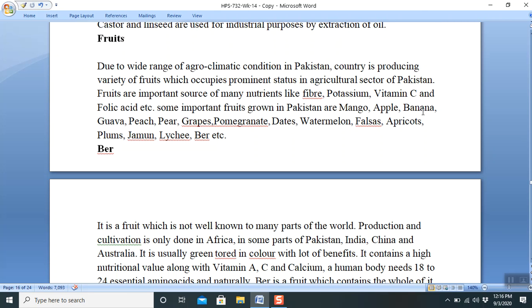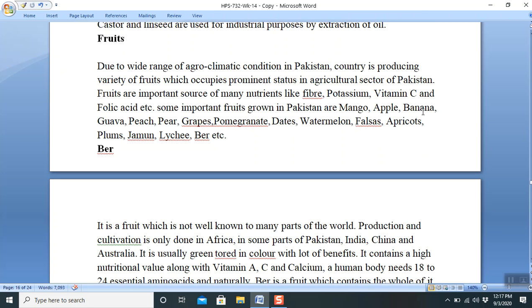Next is banana, a hot crop produced in Sindh especially, and it's very important. The banana produced in Pakistan is very delicious, clear. Guava, amrud, fine.